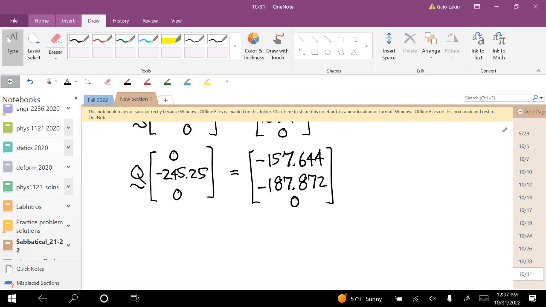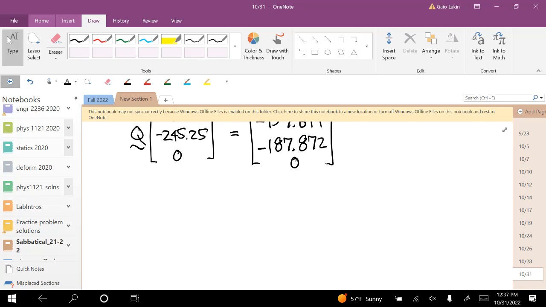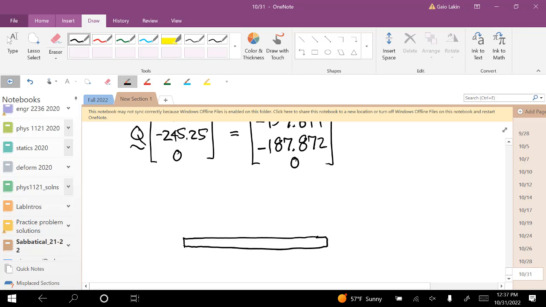Okay, so here's where we are now. At the end of this step, we have a coordinate system that's aligned with the beam, which is the same thing as everything being horizontal. And now we can do this internal load thing.